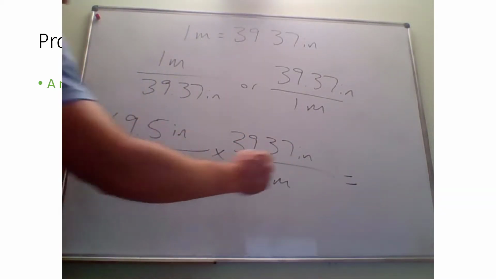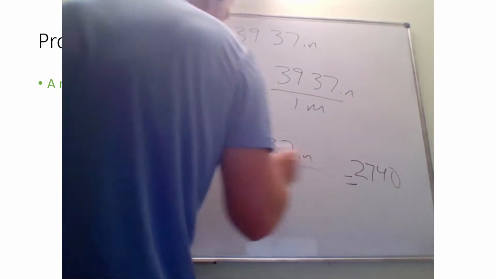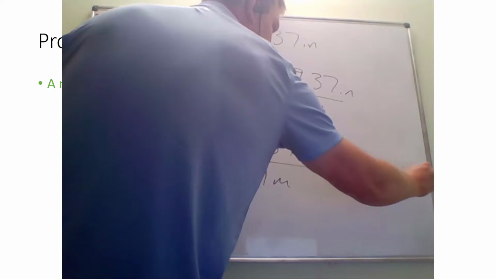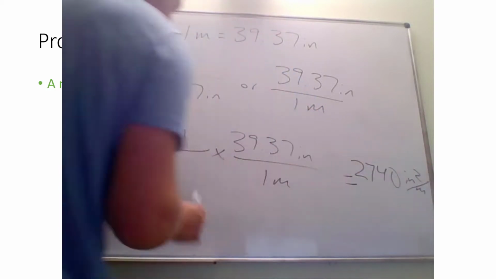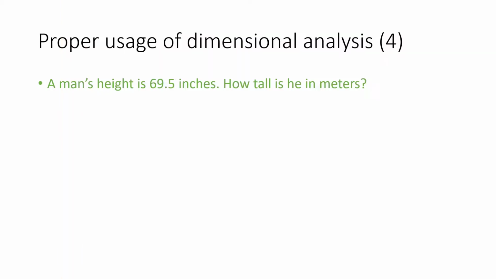We would be left with an answer of 2,740 inches squared over meters, because these inches would multiply together to give you inches squared, and then meters on the bottom. Inches squared over meters is not the unit that we're looking for, so that's a way to tell that we have messed up this conversion factor.